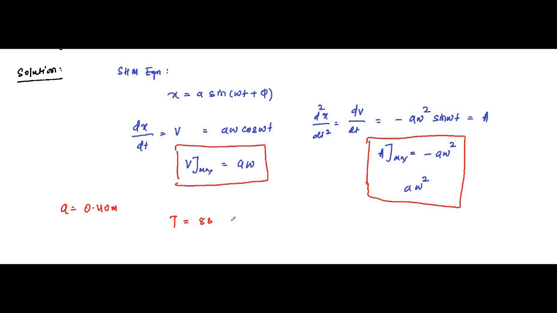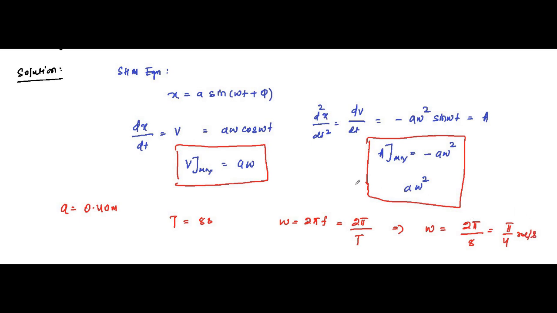Now we know that omega is equal to 2 pi f, which is equal to 2 pi by T. If we put the value of T here, we will get the angular frequency, that is 2 pi by 8, which is equal to pi by 4 radians per second.